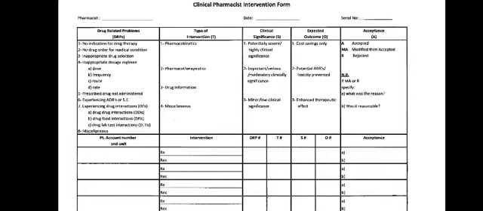Then acceptance: A for accepted, MA for modified and accepted, R for rejected. NB: for MA or R, specify what was the reason, what was the response. In the form of the clinical pharmacist interventions form: pharmacist, date, serial number, drug-related problems, type of interventions, clinical significance, expected outcomes, and acceptance.